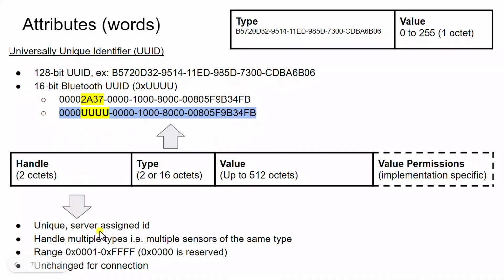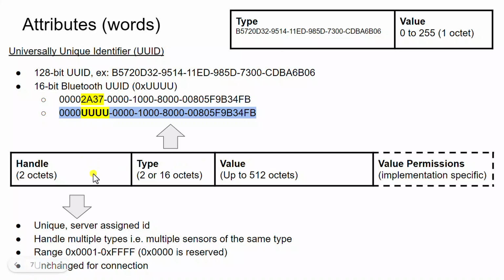And the range can go from 1 to FFFF, which is around 65,000, with zero reserved. And the other part is this ID number, which is the index into the database for a particular type and value.